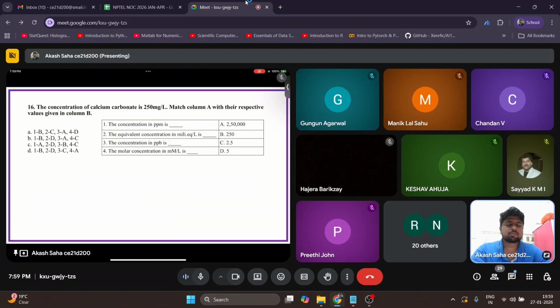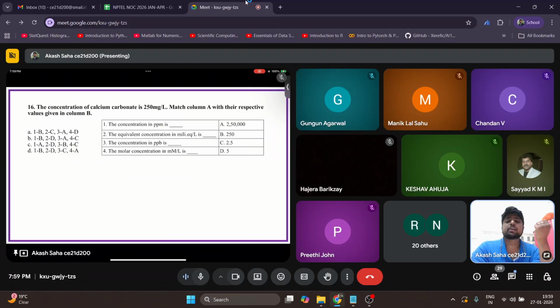Okay, so here is a very small numerical that you can try. It is given that the concentration of calcium carbonate is 250 milligram per liter. Now it has to be written in various forms. What is the concentration in ppm, or parts per million?